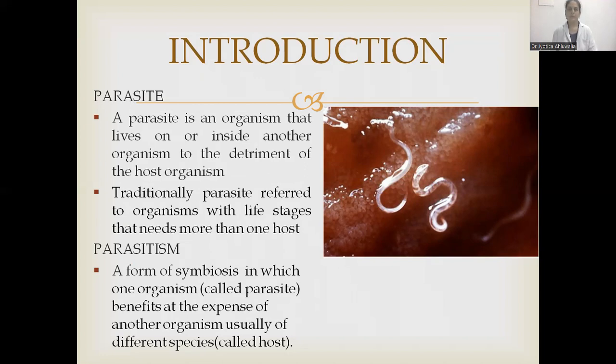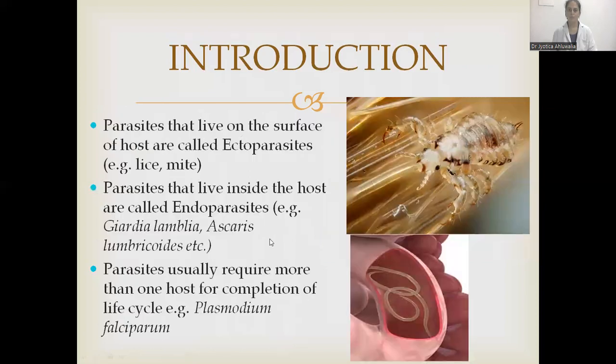Traditionally, parasite referred to organisms with life stages that need more than one host. In parasitism, the form of symbiosis in which the parasite gets benefited at the expense of another organism, usually of different species called the host.